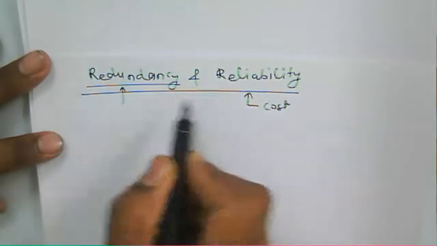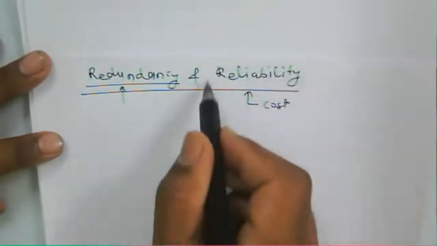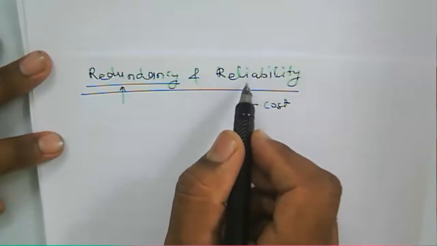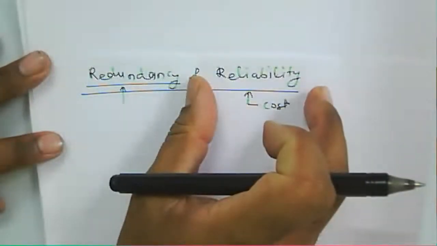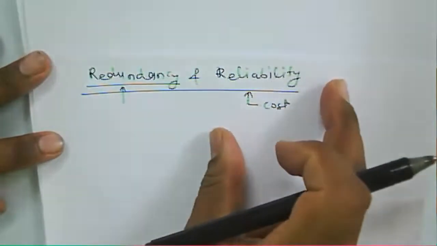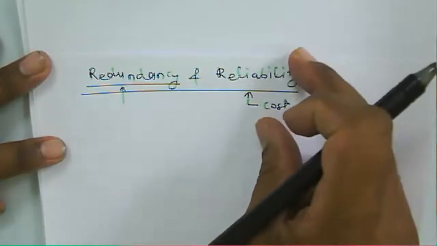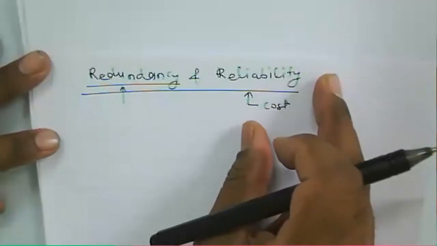But in the case of a satellite, we could not tolerate a lack of reliability here. So in satellite communication, the cost of the component can be increased because we require high reliability in the component there.